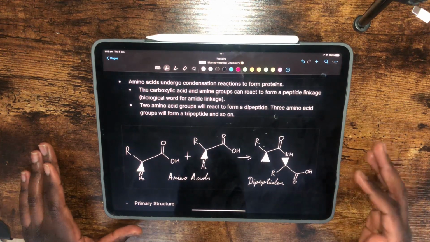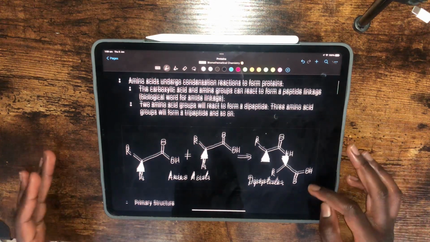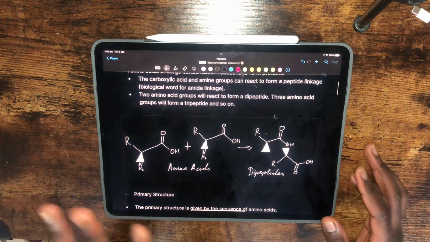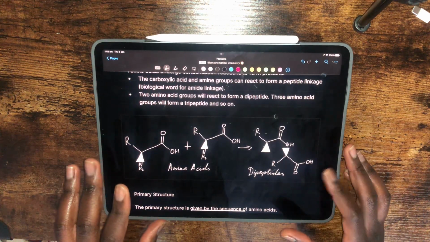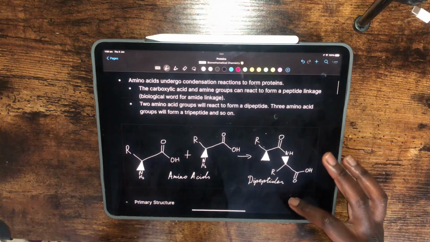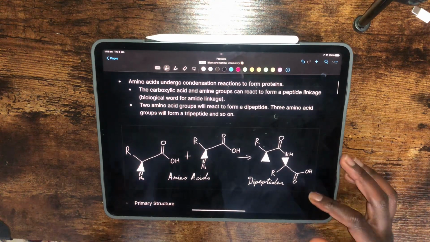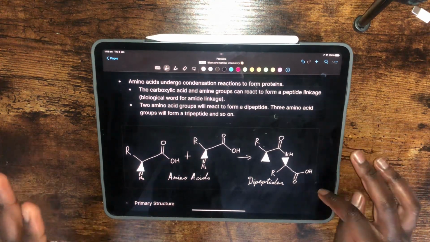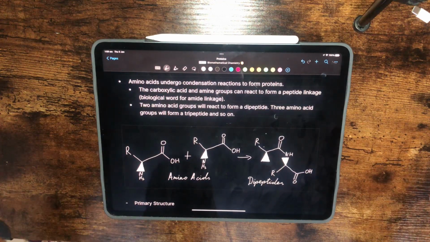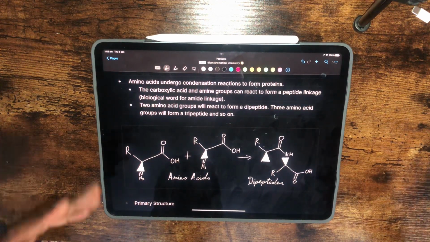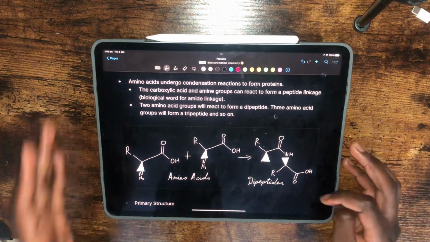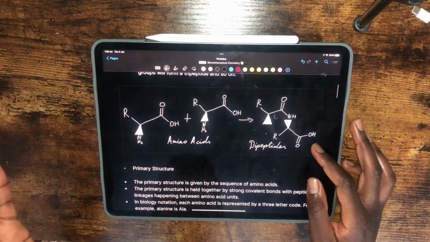This is a very basic structure of the dipeptide. This is not a polypeptide, so I'm not going to talk about primary structure and all that yet. This is just a dipeptide, and if it was bonded to another one here, it would be a tripeptide, and so on. But hopefully you get this basic point. You should know this by now at A-level chemistry.